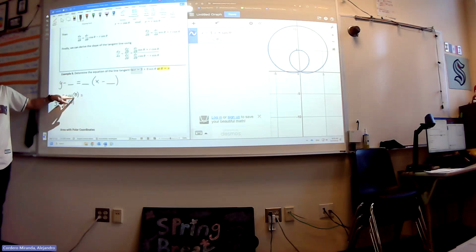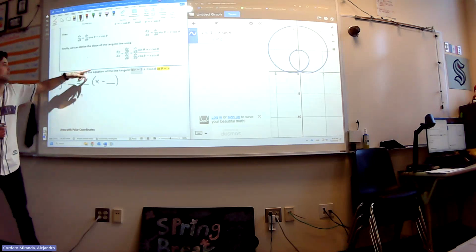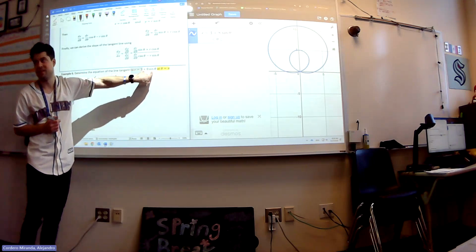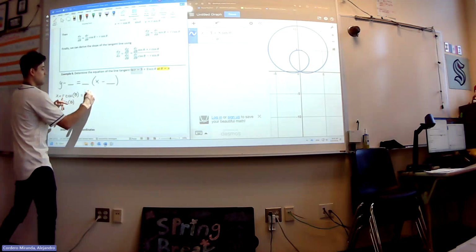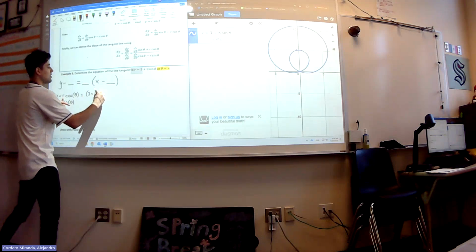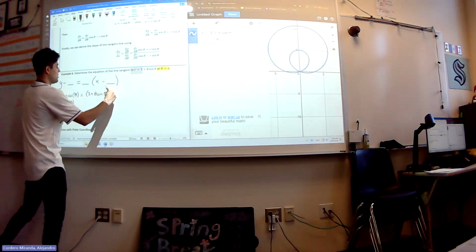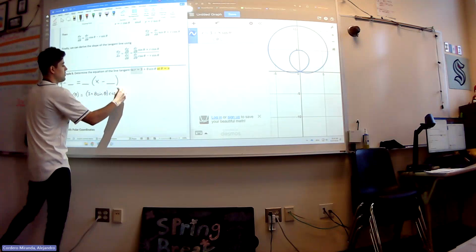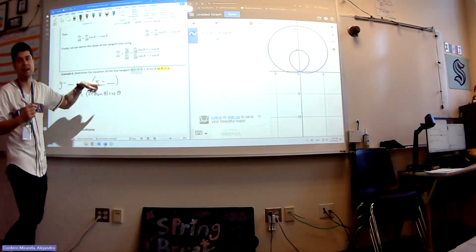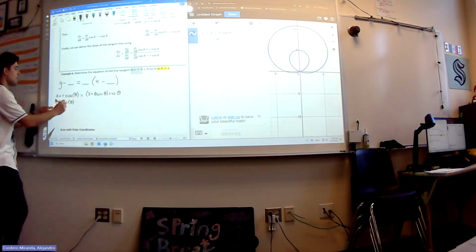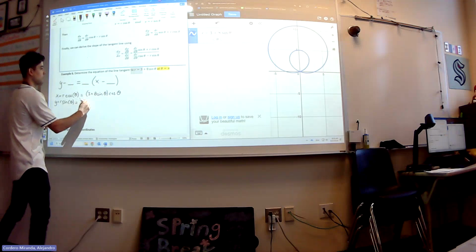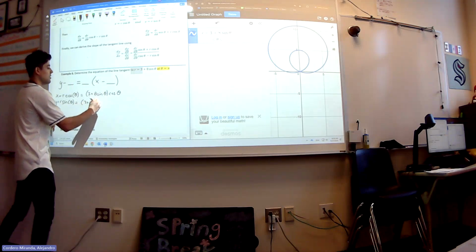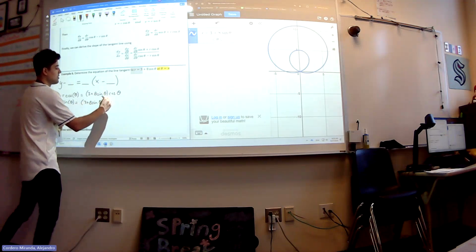X equals r times cosine of theta, r being this whole entire thing. So x equals 3 plus 8 sine of theta times cosine of theta, and then plug in pi into that. That will give you your x coordinate. And then this will give you your y coordinate, 3 plus 8 sine of theta times another sine of theta.